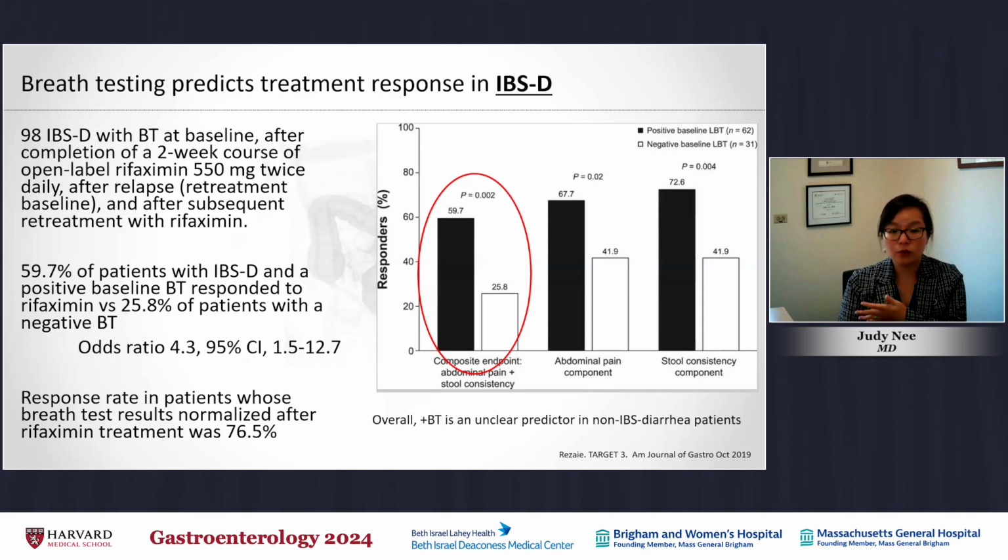On the other hand, only 26% of patients who had a negative breath test actually responded. Again, indicating that if the breath test is positive initially, you could respond, but confirmation of eradication identifies the most likely person to respond. The response rate in patients whose breath test normalized after rifaximin treatment was 76%. So overall, a positive breath test, again, is an unclear predictor in non-IBS diarrhea patients. By this study, it's suggesting that it is a predictor, particularly in IBS diarrhea patients.